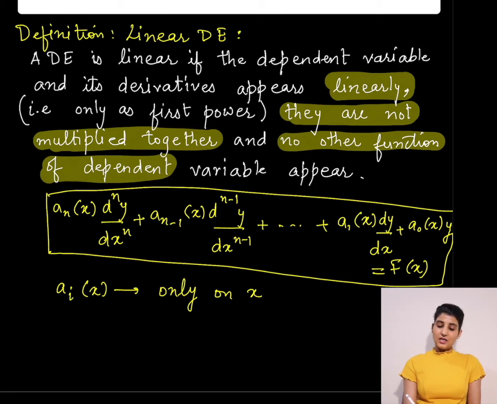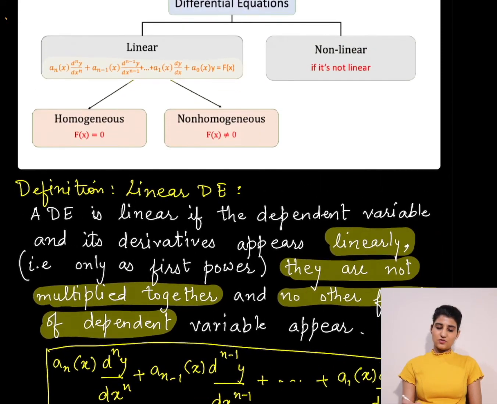Now if f(x) is 0, meaning there is no term without the derivative or the dependent variable multiplied to it, then we will say this is a homogeneous equation. If this f(x) is non-zero, we will say that is a non-homogeneous equation.